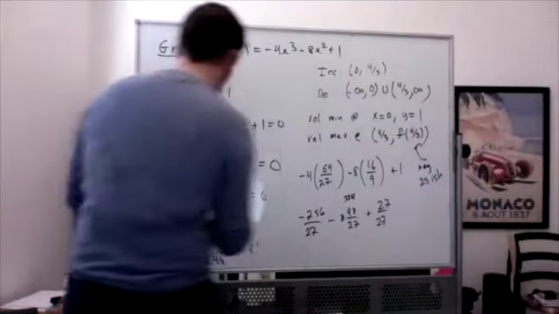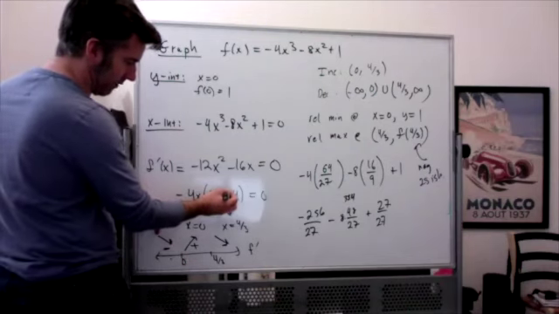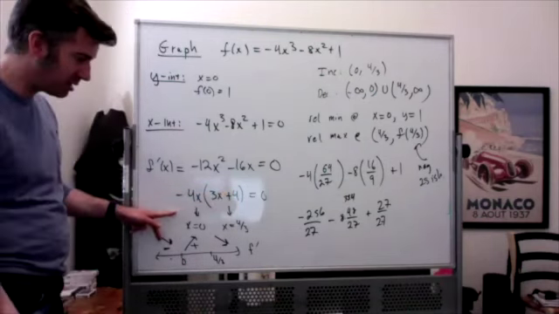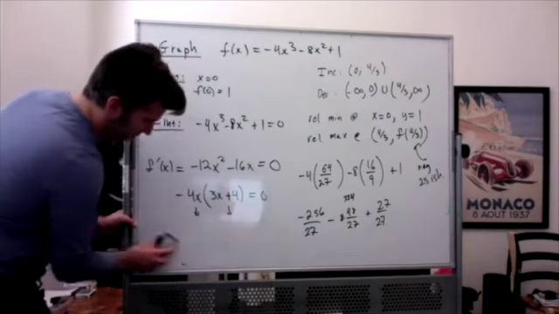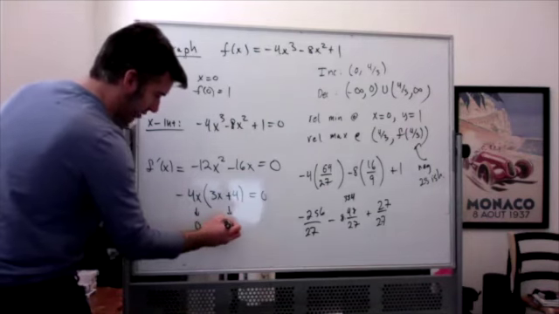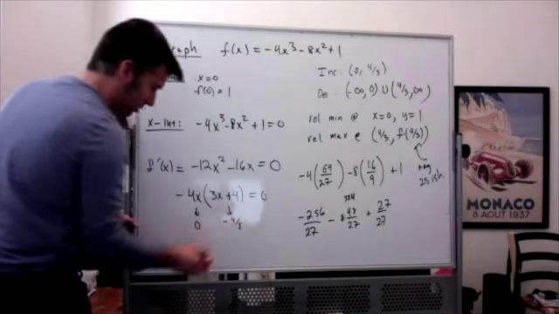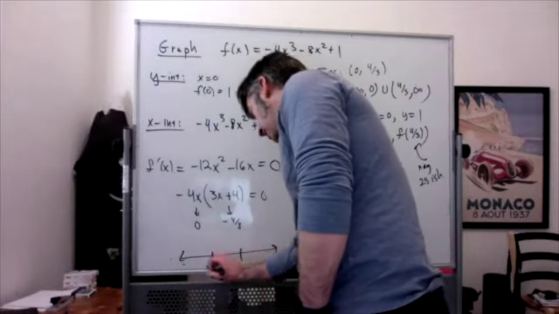And things went wrong right here when I factored. I factored out the negative 4x, but I forgot to factor out the negative from here. So that should really be a plus, which means this whole sign chart's a little bit different. Because I got x equal to 0, and I should have gotten x equal to negative 4/3. So on my number line, it's going to actually be a 0 and a negative 4/3.